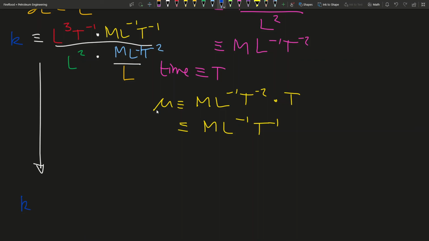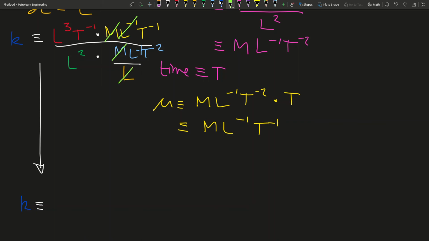So we can write that K is, okay, let's perform some simplifications over here while we can. Let's use lime for that. So let's have a look. These M's cancel out. These T^-1s combine to make T^-2. This L^-1 over here gets cancelled by this L over here. So we can cancel those out.